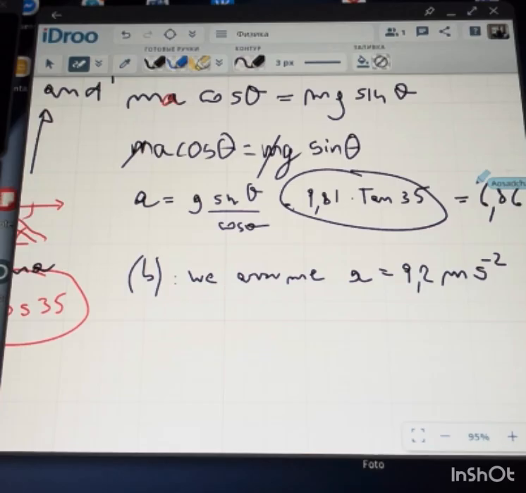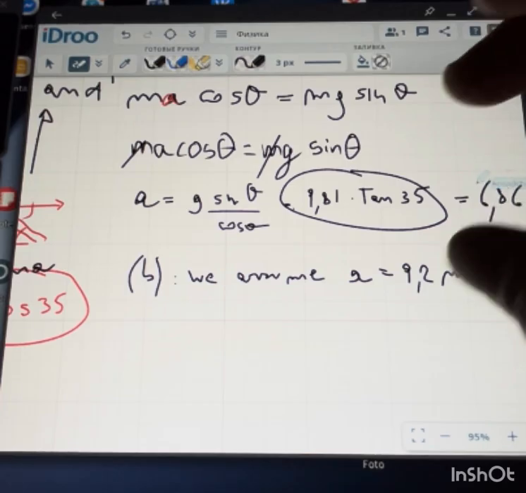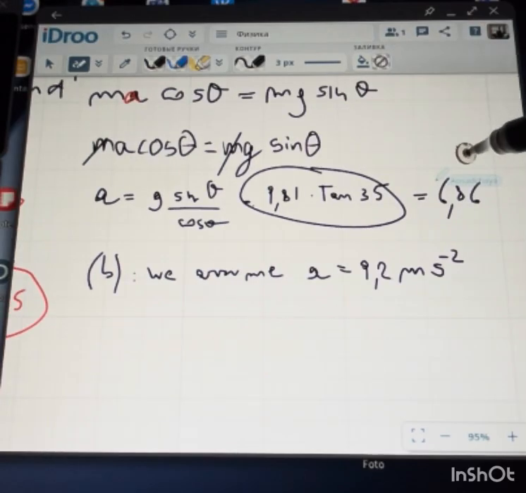So what does it mean? If we move to the right with 6.86 meters per square second, the block will stay put. If we move to the left. To the right.